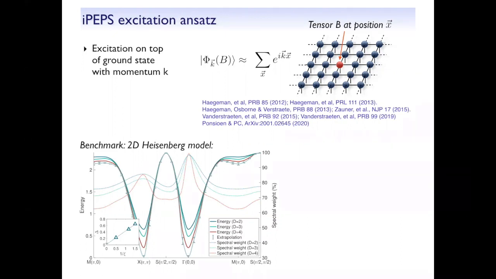And then for finite temperature, what you can do is an imaginary time evolution, where you start from infinite temperature, where you just have an identity matrix, and then evolve in imaginary time to your target temperature. And at the end of the day, we can really recycle many of the approaches we use for ground states, also in imaginary time evolution, to do calculations at finite temperature in a very similar way.